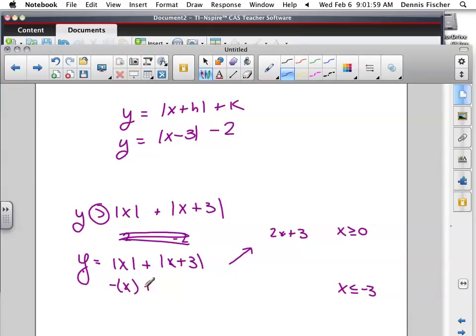Instead of absolute values, let's put negatives on it. Okay? So you got negative 2x plus 3. Everybody agree with that? Actually, not plus 3. Minus, that negative has to come through. Right? Negative 2x minus 3. All right?